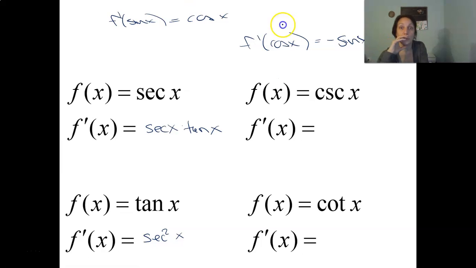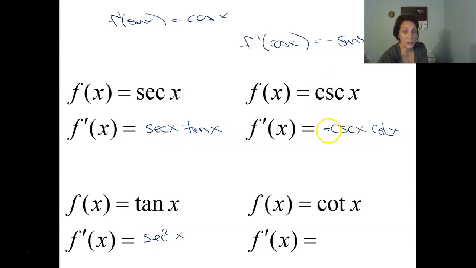They are negative. They're negative and they're co. So, for example, the derivative of secant is secant tangent. The derivative of cosecant is going to be negative. Instead of secant, it's cosecant, and instead of tangent, it's cotangent. So the derivative of cosecant is negative cosecant cotangent. Again, notice the similarity from here to here.